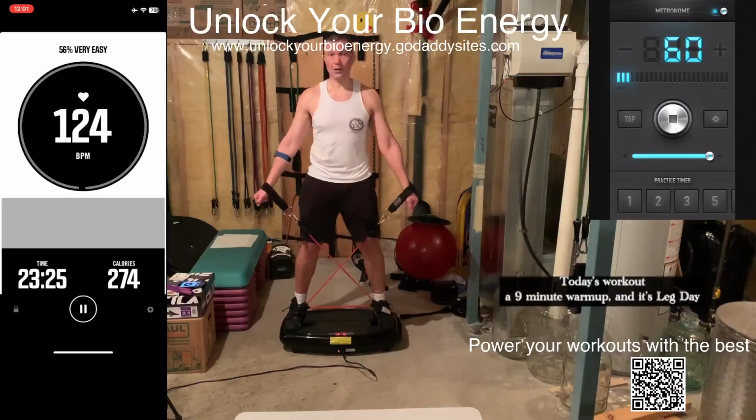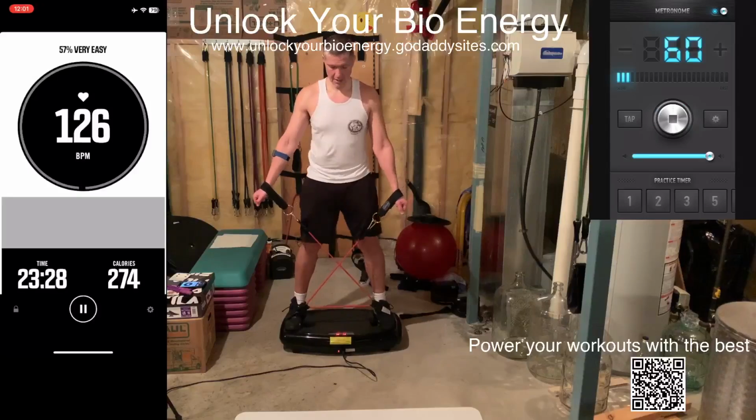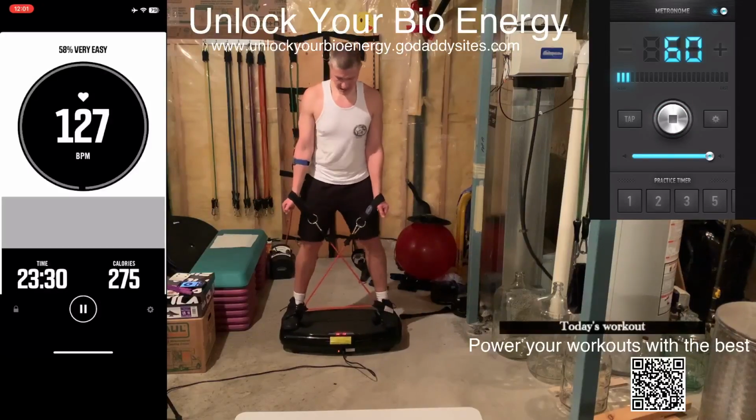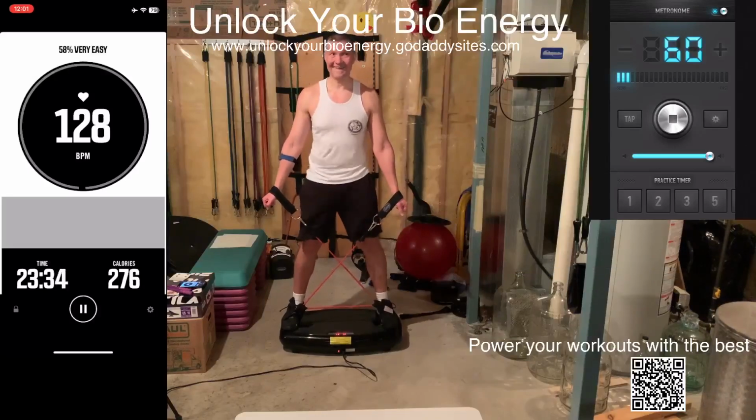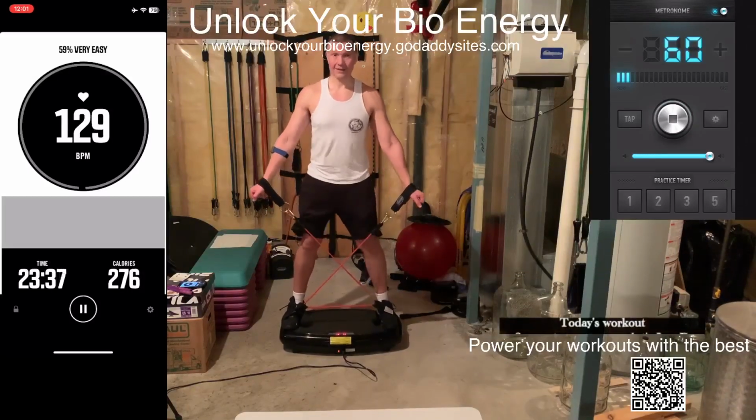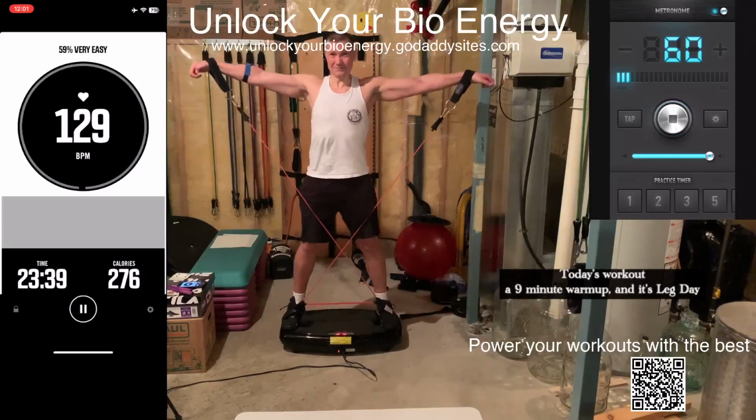Let's begin. So I'm gonna hold this here. I want tension at the bottom, which I have. There's tension pulling here, and then pull it all the way up.